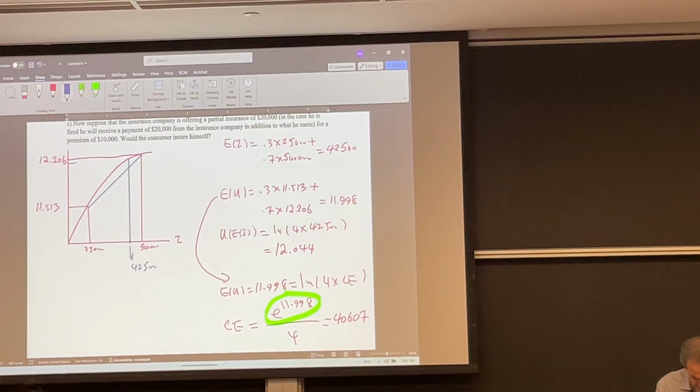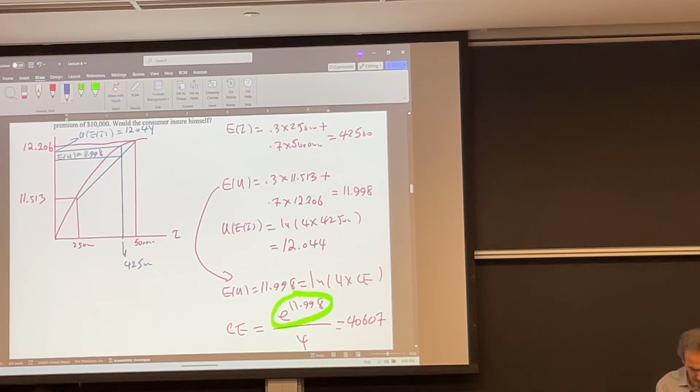That is our utility of expected income, which was 12.444, and that was the expected utility, which is 11.998.